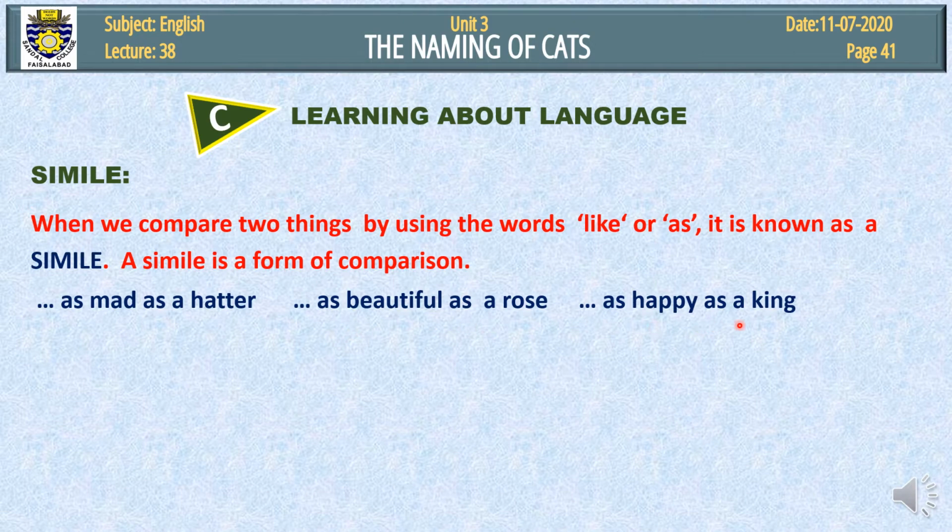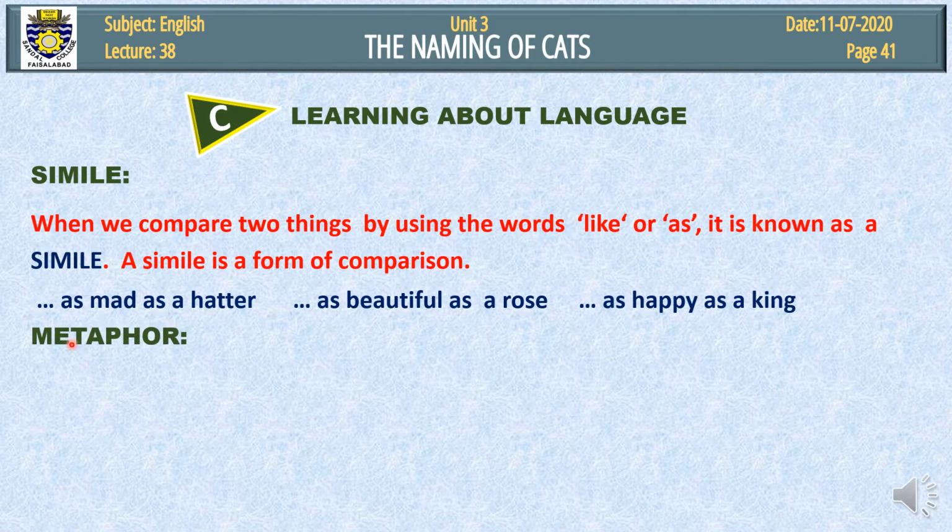As happy as a king, simile. These examples may be used with the help of like: mad like a hatter, beautiful like a rose, happy like a king. So these are the examples and definition of simile.